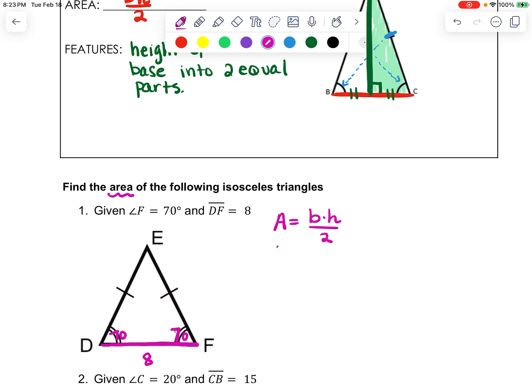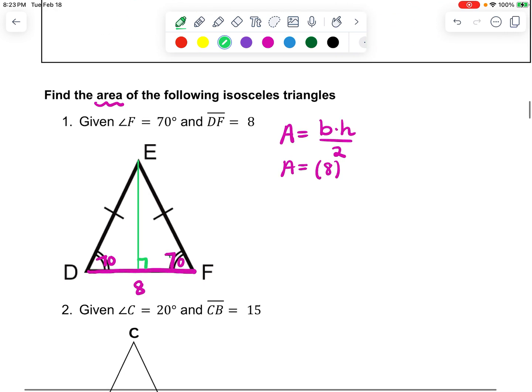Now, what do we know? We know the base is 8, but we don't know what the height is. Now, I'm going to go ahead and draw in the height. So draw that in there. And what I want you to look at is because it's an isosceles triangle, this height can go ahead and split this into 4 and 4.